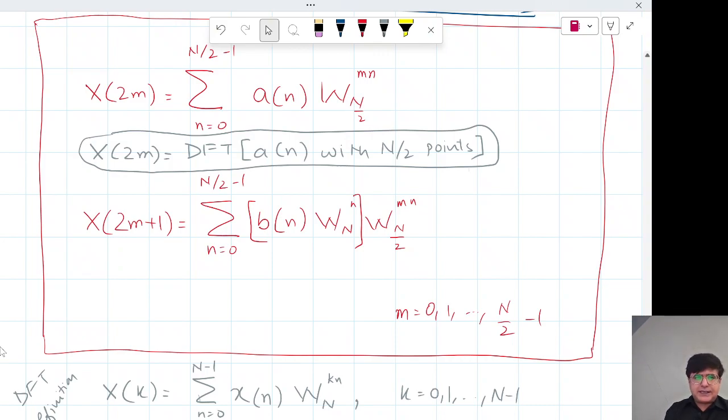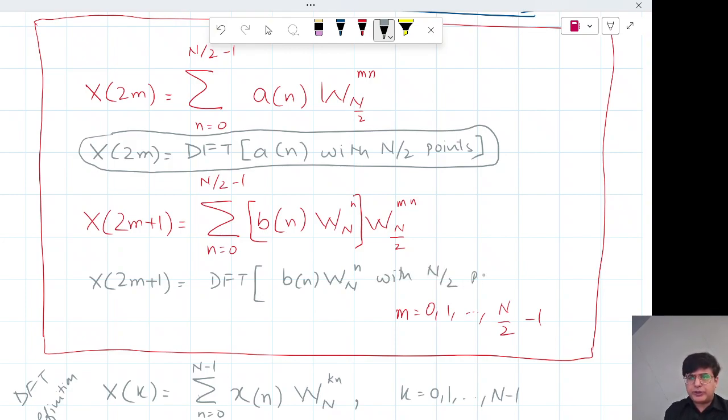Similarly, I can say that these ones, x of 2m plus 1, is just the DFT of the sequence b of n times W subscript N to the power n, again with N over 2 points.